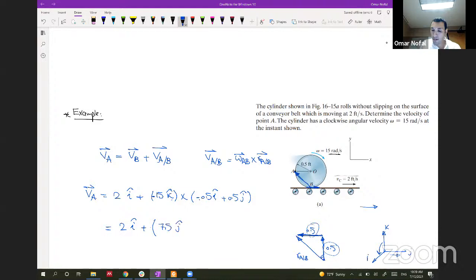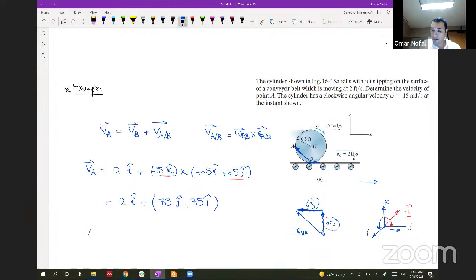Let's multiply the K by J. K multiplied by J will be in the opposite direction like this, so it will give you negative I hat. And we have negative already outside. So negative 15 multiplied by positive 0.5 will give a magnitude of negative 7.5. And we have negative I, so it should give us plus 7.5 in the I hat direction.